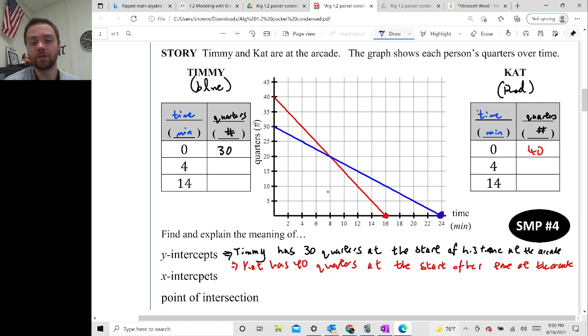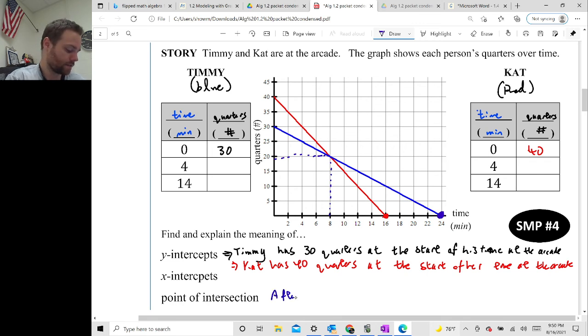What I want to talk about is the point of intersection and what it means. So even though they're spending at different rates, and they start at different values and they end at different times, there is one time in the entire span of the 24 minutes where they have the exact same number of quarters, and that's what this means.